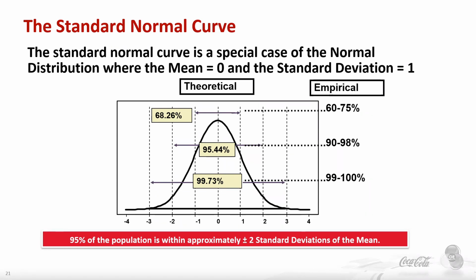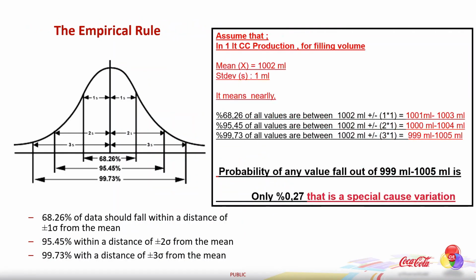So we can see that within 6 standard deviations, 3 on both sides, we have 99.73% of the data, while 95% of the data is within 4 standard deviations, or 4 sigmas, 2 on the right side and 2 on the left side.